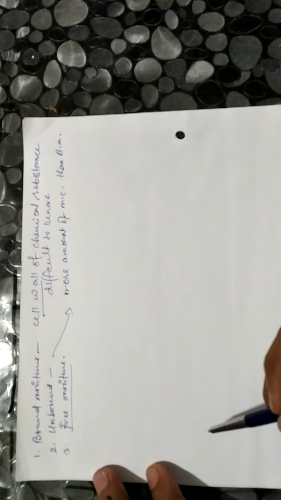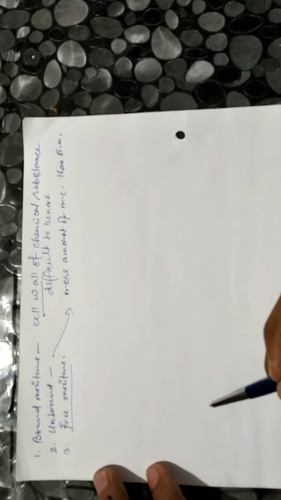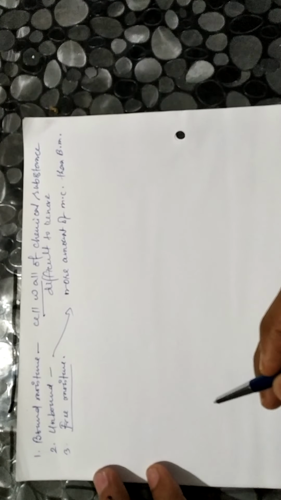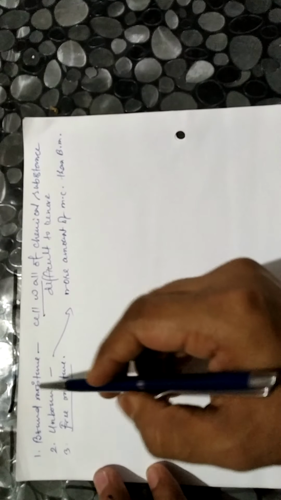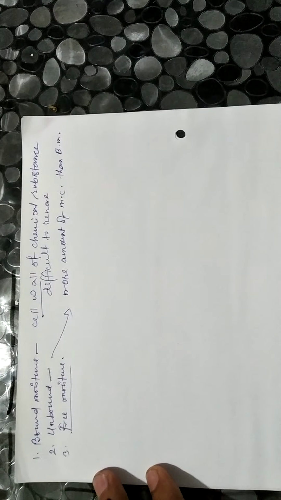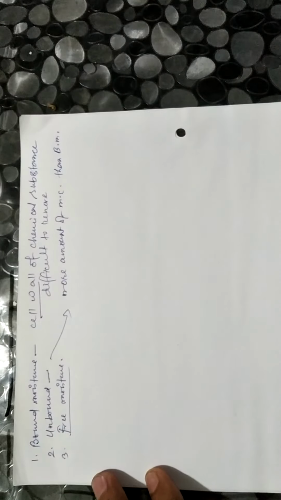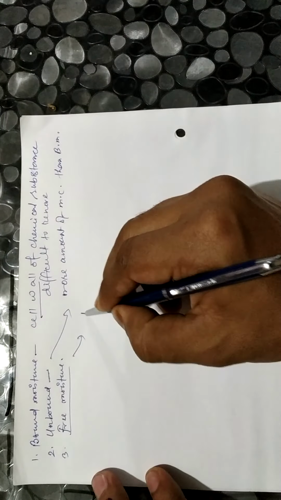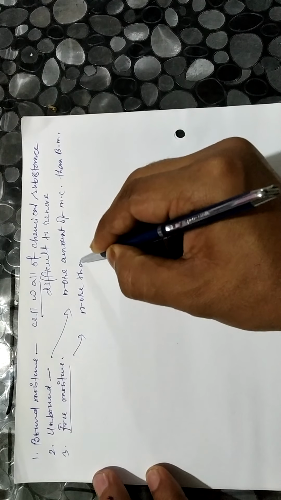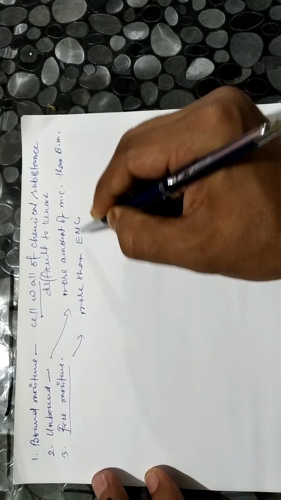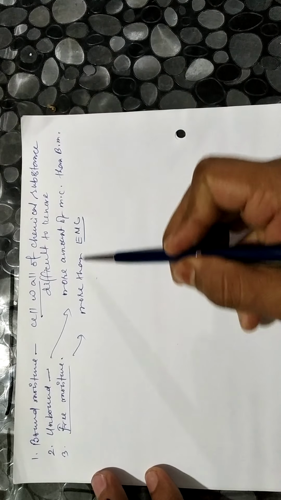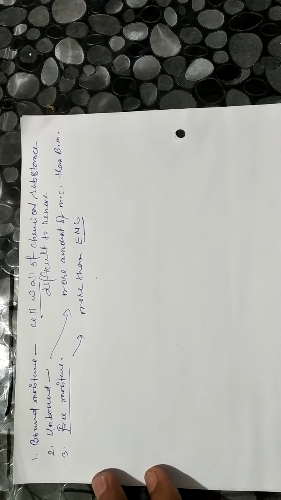Generally, grains are not found in the stage where unbound moisture may exist in them. Sometimes it is also called free moisture, and free moisture is the excess amount of moisture which is more than the EMC, the equilibrium moisture content.